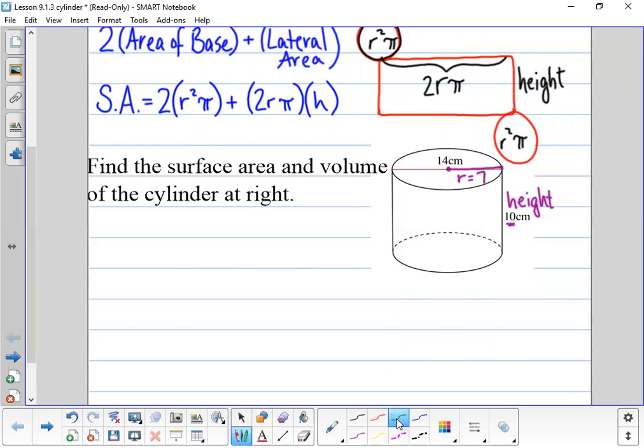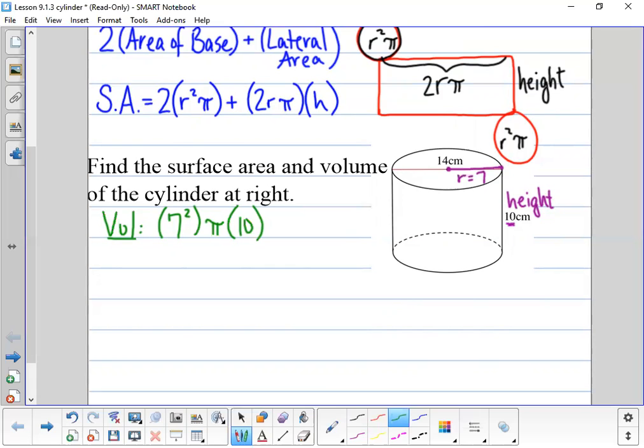Let's start with volume. Volume is the easier one to find. The volume of a cylinder is going to be equal to the area of the circle base, so r squared, 7 squared, times pi, times my height, 10. Now, when you are multiplying several things and one of them is pi, we're treating pi like it's a variable.